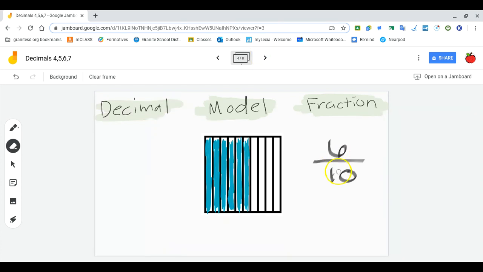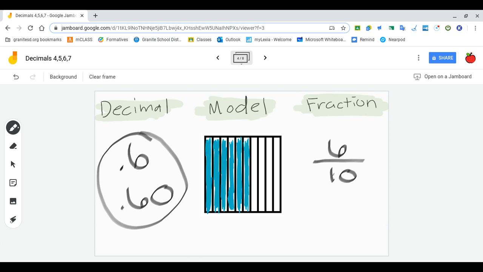This one is 6 tenths. I have 6 pieces shaded out of 10 equal pieces. For the decimal, I'm going to start with the decimal point, and I'm going to put 6 in the tenths place, 6 tenths. Or I can do that thing with the 0 on the end. And this is still 6 tenths. Both of these answers are correct.